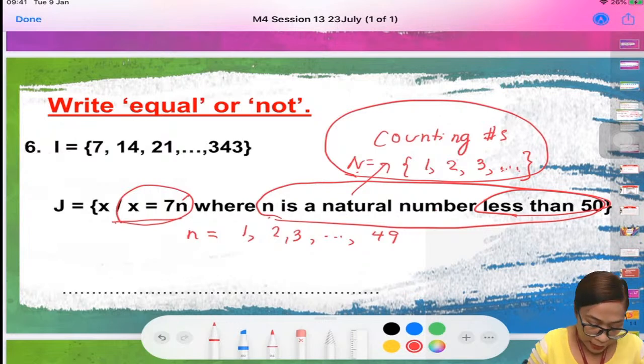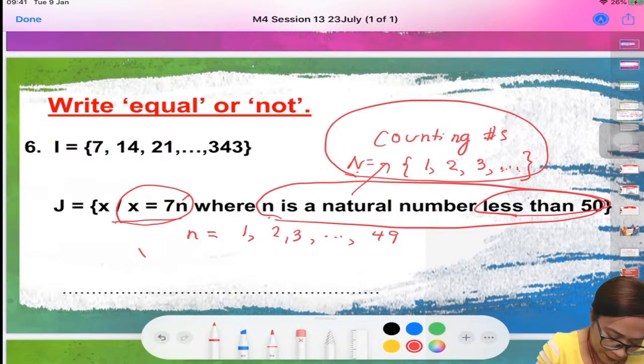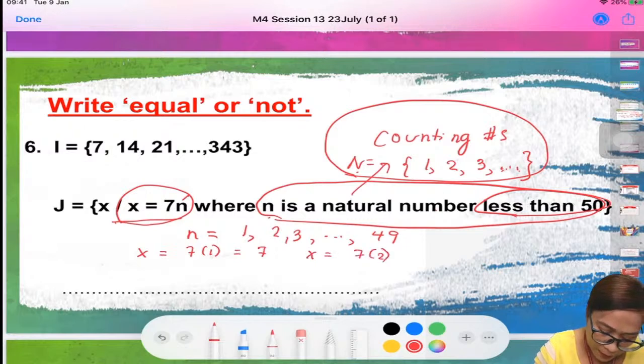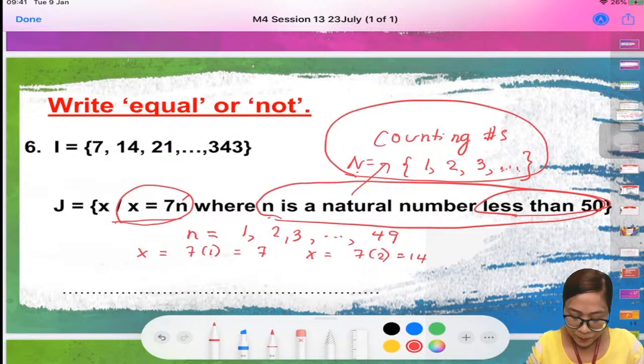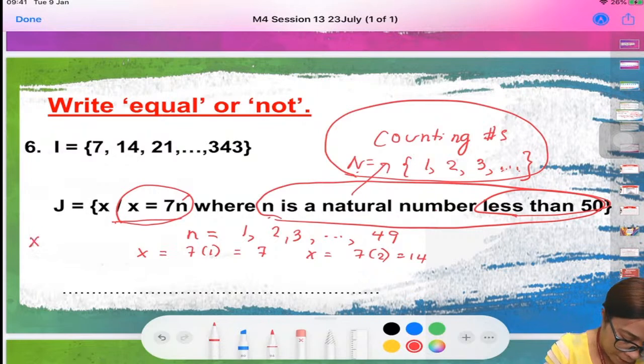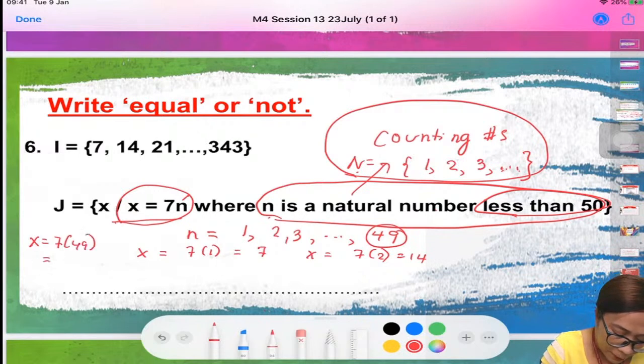Okay, and substitute. So if it's 7n, x is equal to 7 times 1. Answer is 7. Another one, x is equal to 7 times 2, which is equal to 14. And I can have more here. And the last one, times 49. 7 times 49 is 343.